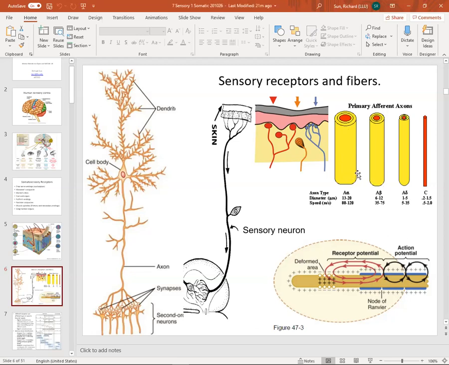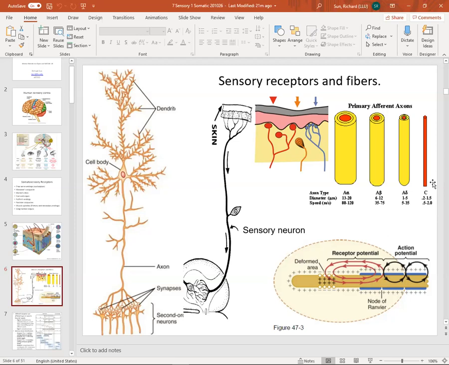The thickness is A alpha larger than A beta, larger than A delta, larger than C. And the speed follows the same order: A alpha faster than A beta, faster than A delta, faster than C. Sometimes when I ask in a quiz which one is the fastest, which one is myelinated, which one is thickest, with these four options, people get it wrong. I was kind of surprised. I thought that was an easy question.